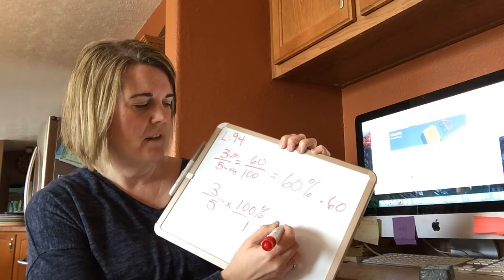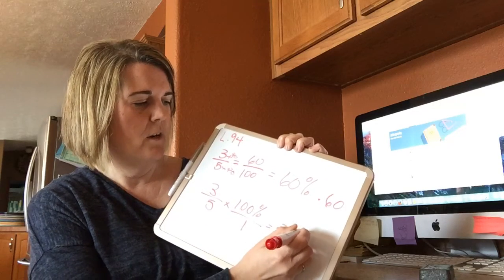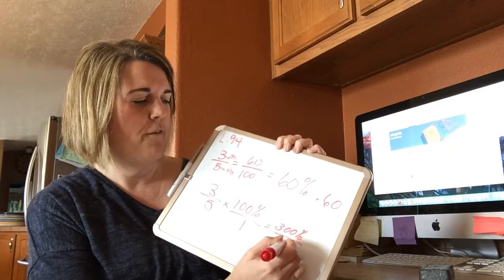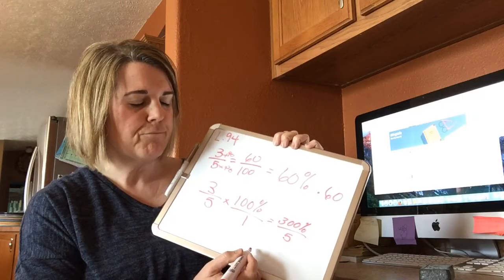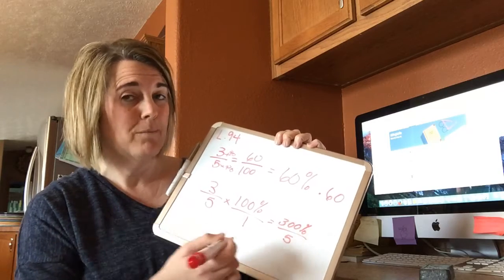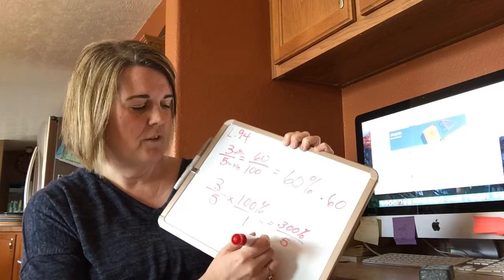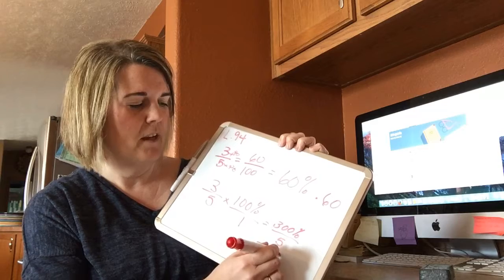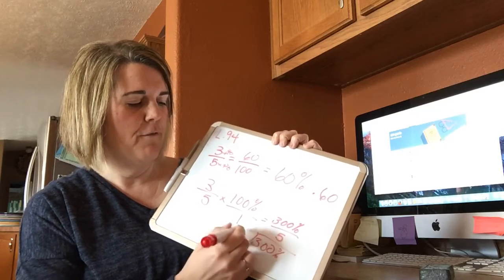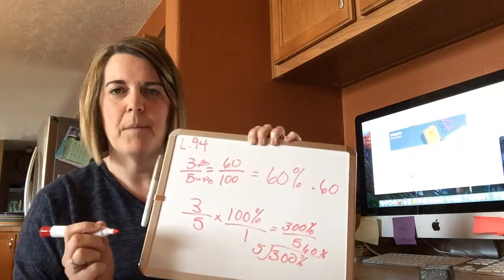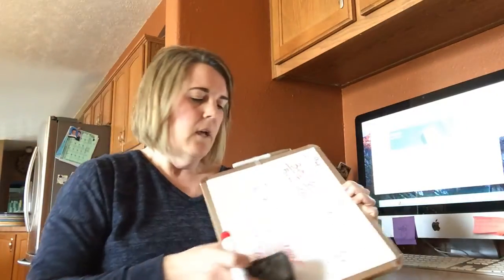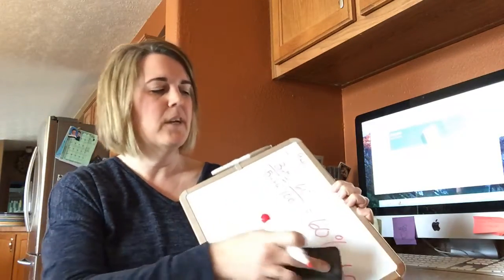And then you're going to get 300% over 5, and then you do a division problem, which is 300% divided by 5, and you know you're going to get 60%. Sorry, I'm running out of room on my board. So really that's what we're doing up here too.